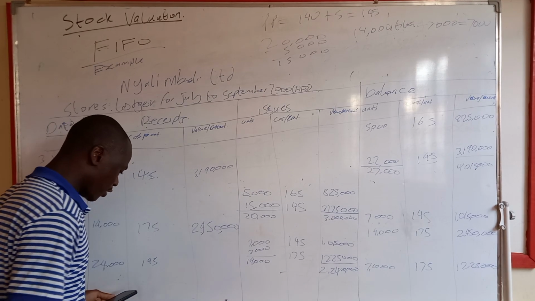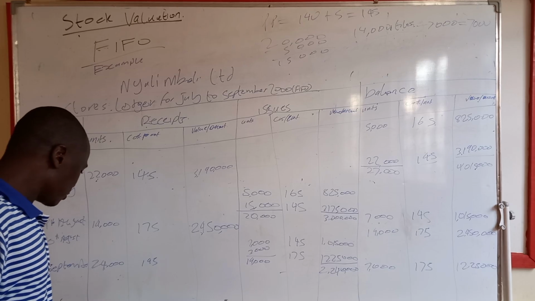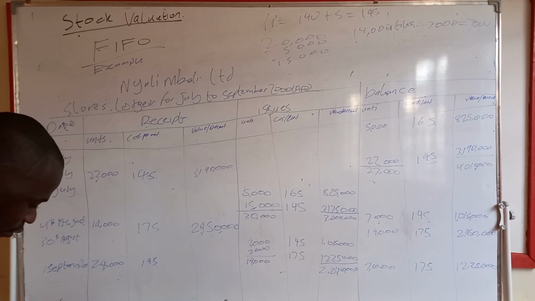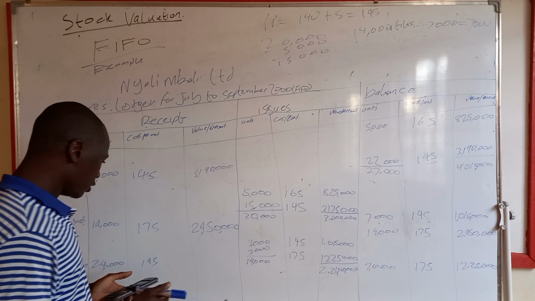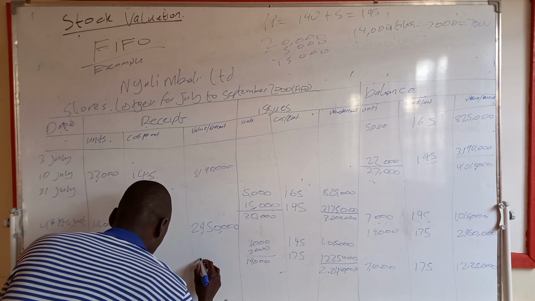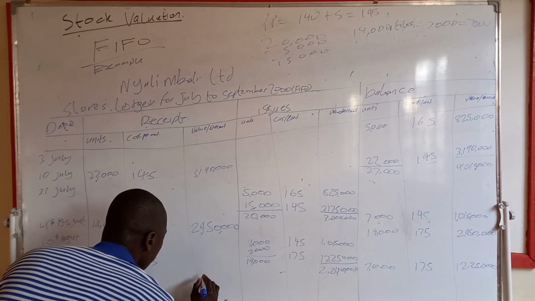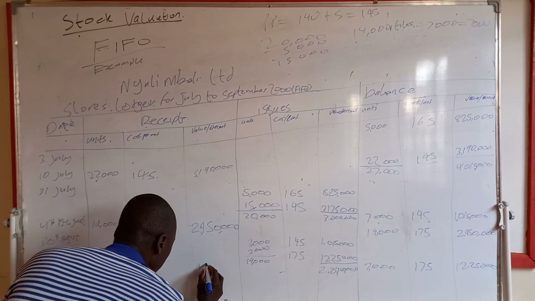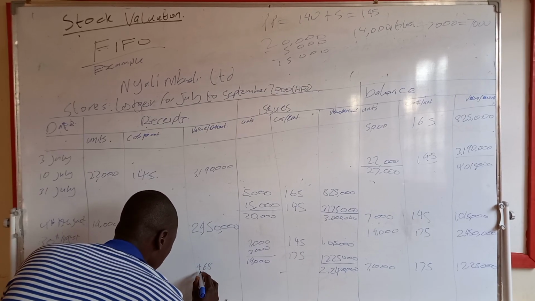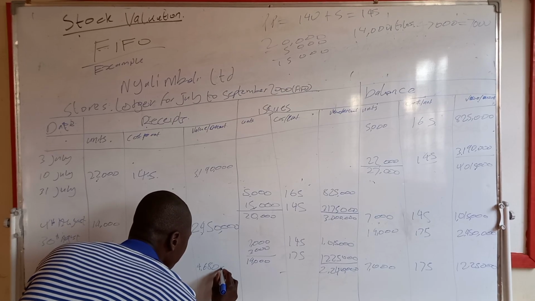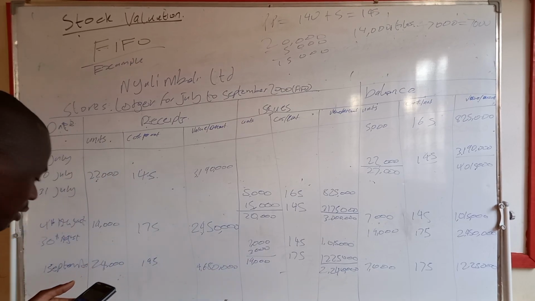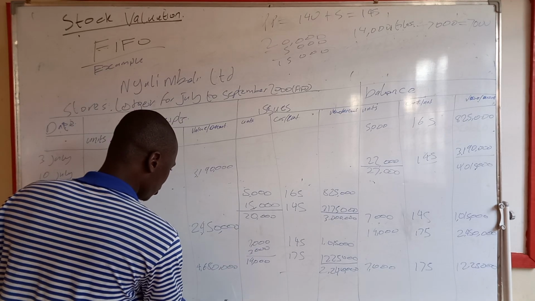So 24,000 times 195. What do we have? It is 4,680,000.